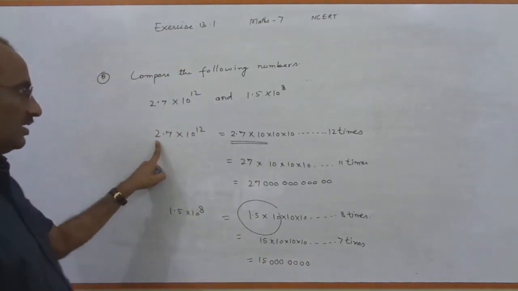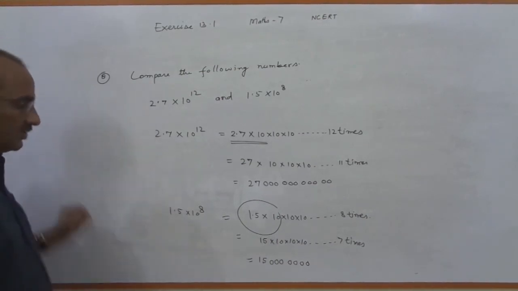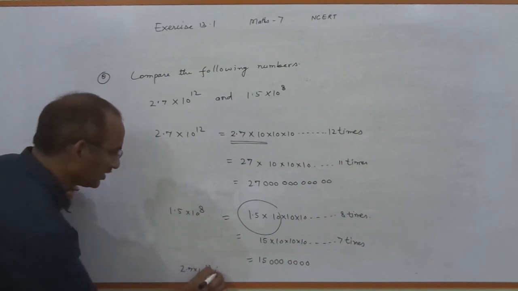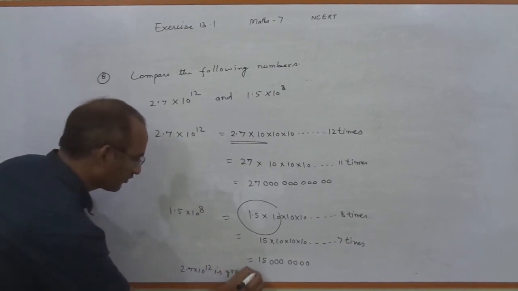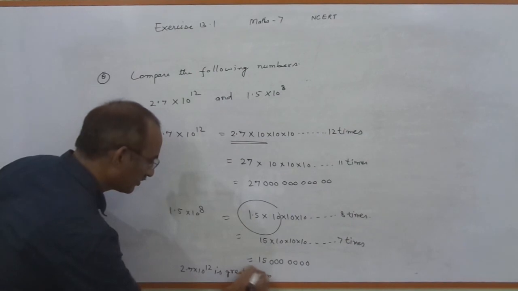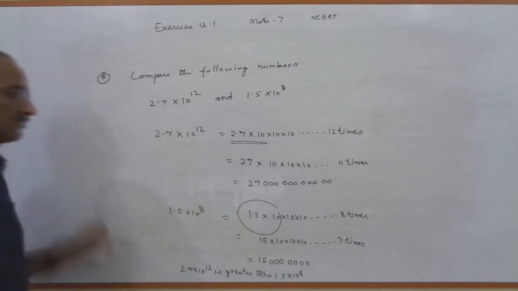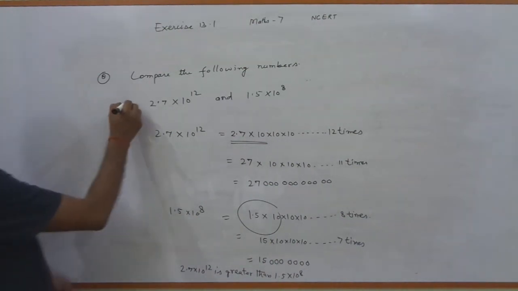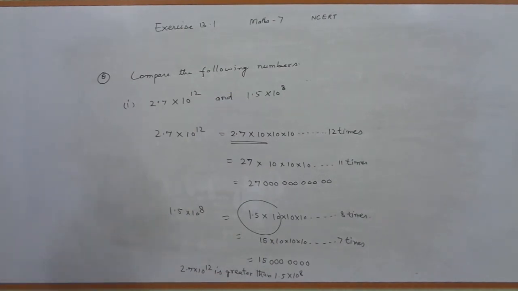So this is a big number. Hence we can write 2.7 into 10 to the power 12 is greater than 1.5 into 10 to the power 8. So this is the first part of this question.